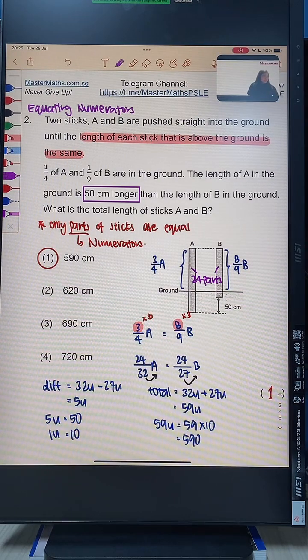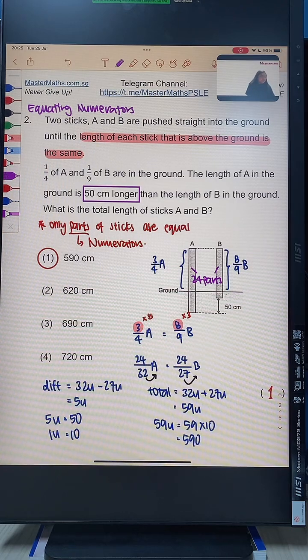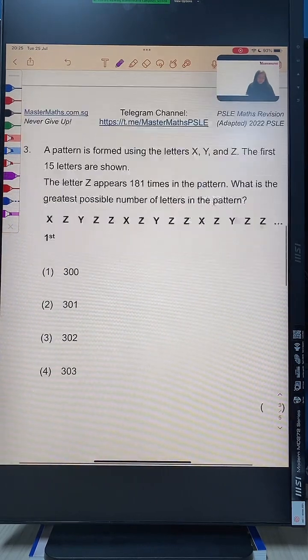I see that there's no questions, so let's move on in 5, 4, 3, 2, 1. Thank you for all the likes. Please keep them coming. And I really appreciate you guys joining me on a Tuesday evening despite your long days in school. I hope you are learning something today. Alright. Let's go on to question number 3.